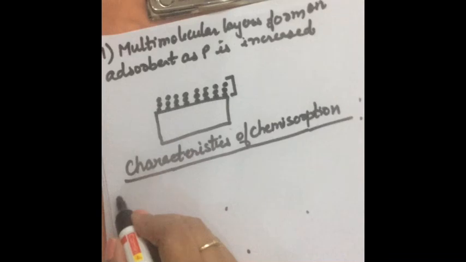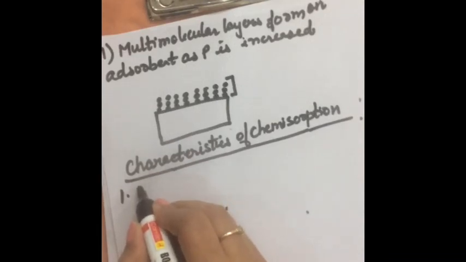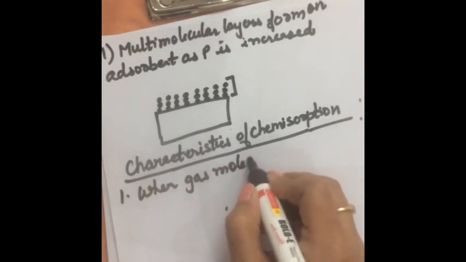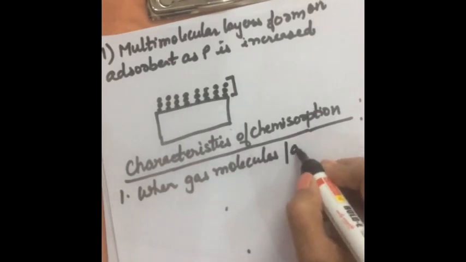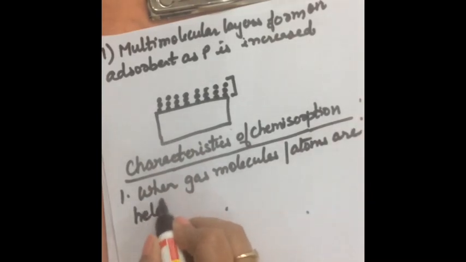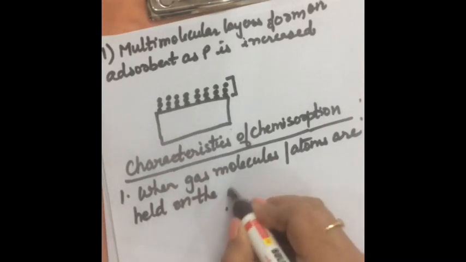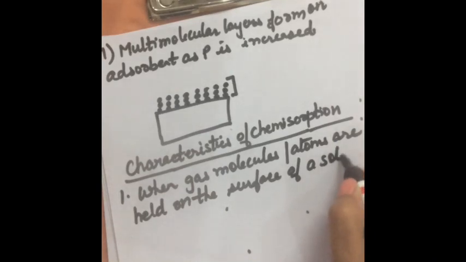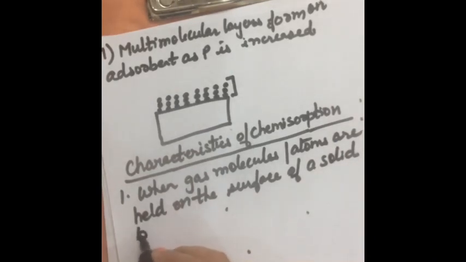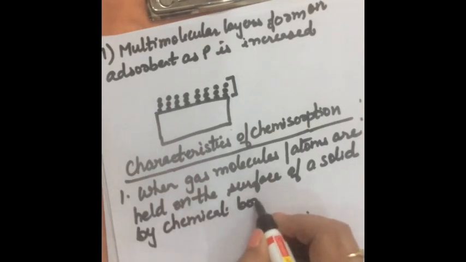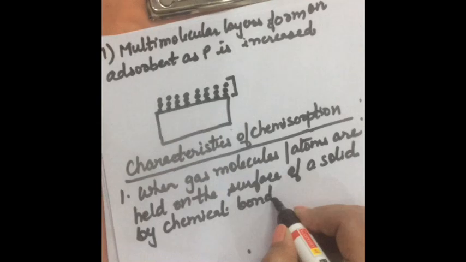First characteristic is when gas molecules or atoms are held on the surface of a solid, that is adsorbent, by chemical bonds. By chemical bonds, the adsorbate molecules are held on the surface of adsorbent.